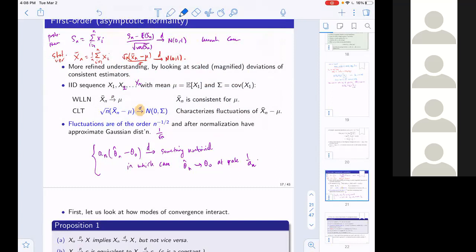Anyone remembers the more general definition before I say it? Was it like the expectation of a function converges to the expectation of the limit? Right. So the expectation of f(Xn) converges to the expectation of f(X) as n goes to infinity for all f continuous and bounded.